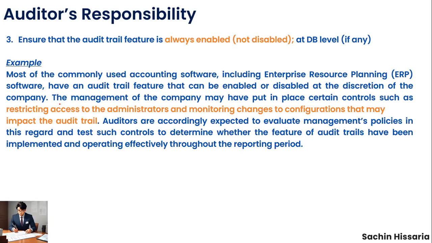Now point number 3, ensure that the audit trail feature is always enabled. And if there are some changes which are done at a backend level, then we need to make sure that our database is also capturing those logs. Now guys, in this particular thing, there is some ambiguity. What is the requirement here? Ensure that the audit trail feature is always enabled and not disabled.